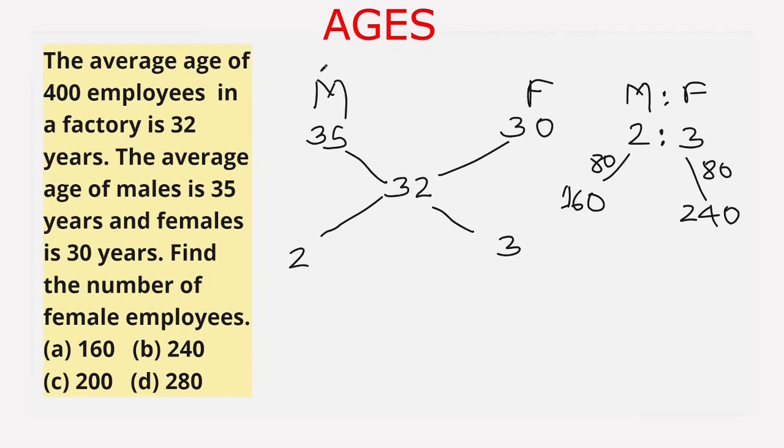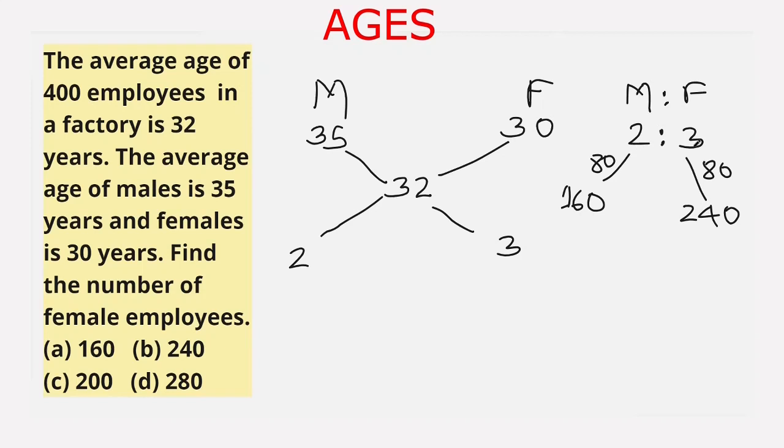So this gives the ratio of male and female, that is male is 2 and female is 3. Thus male ratio female is 2:3, and if we add this 2 and 3, that comes out to be 5, the total ratio parts of male and female.